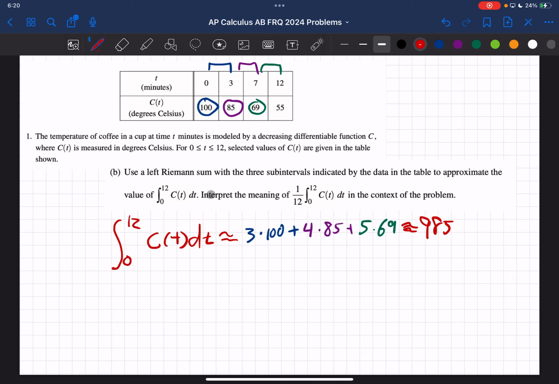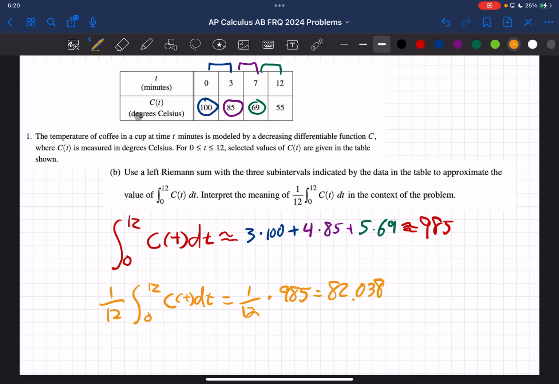Now it says to interpret the meaning of this in the context of this problem. So here we have 1/12 times the integral from 0 to 12 of c of t dt. Now we can use our approximation, and so we take 985 and divide by 12, and we get 82.038. Now this formula right here is the average value of c of t over the interval from 0 to 12.